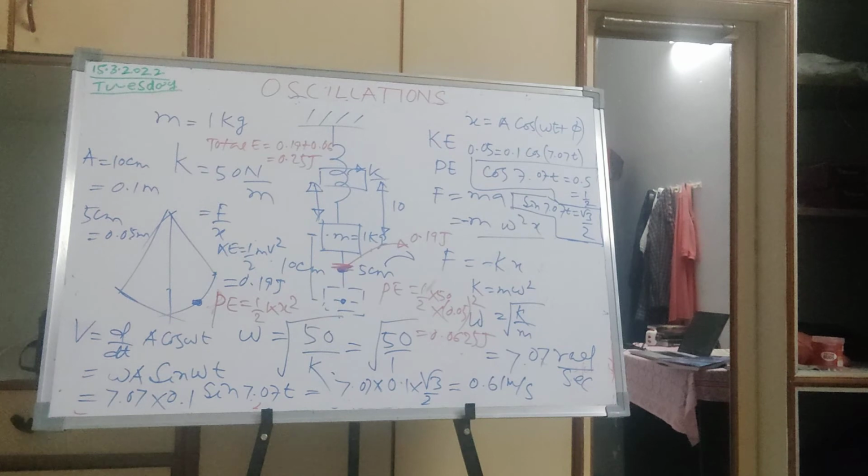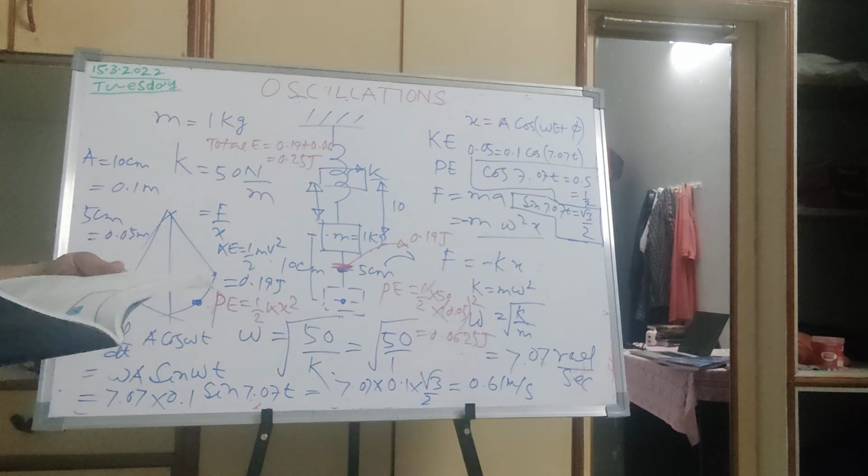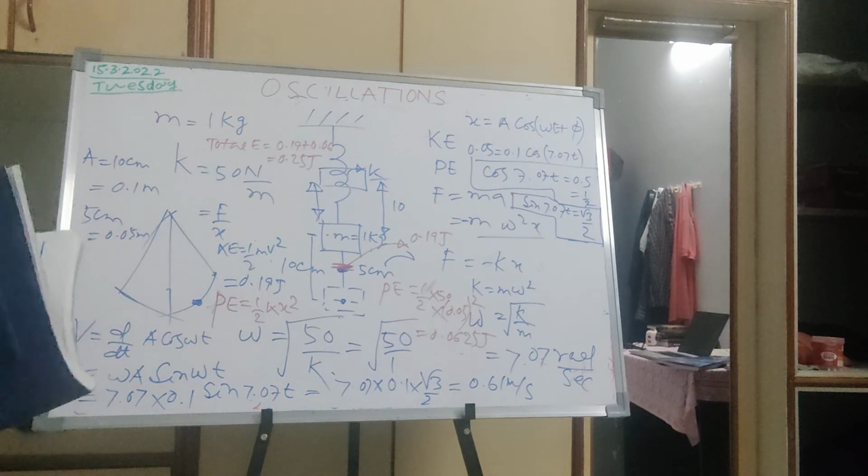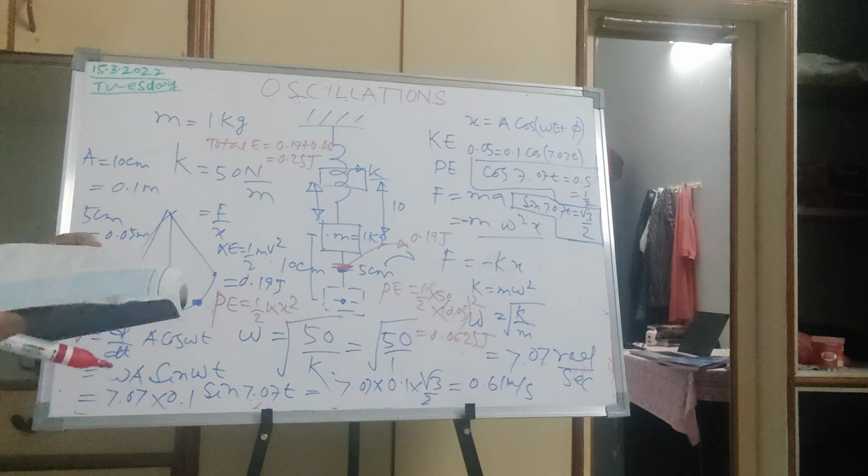So you can see how the energy varies at any location. This is an example; you can extrapolate it to any number of examples. This is about energy in simple harmonic motion. Next we will do some oscillation of spring problems and derivation of time period, and also the simple pendulum derivation of time period and frequency.